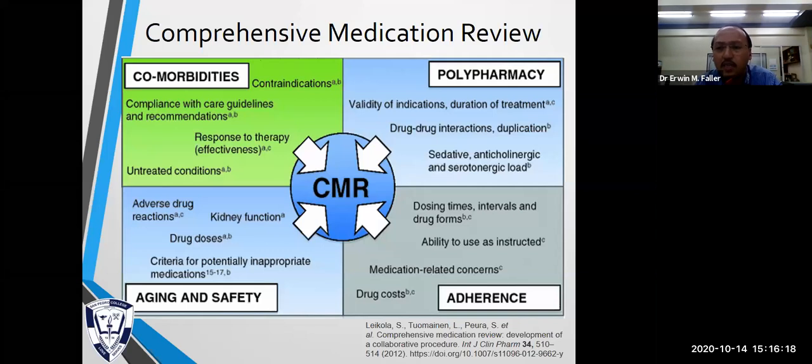And it may result in other medication-related concerns or drug-related problems. These are part of it. And maybe these drug-related problems interfere with or lessen the adherence of the patient.